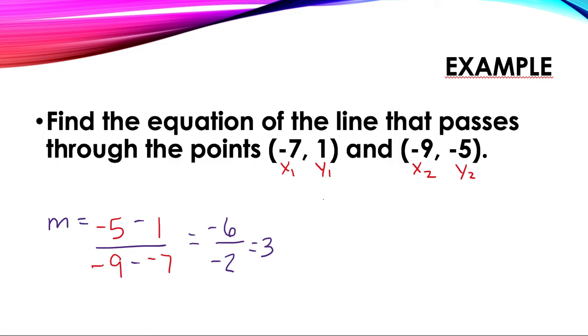So now I have the slope, and I have 2 points. Note that neither point is the y-intercept point because that y-intercept point would begin with 0. So I just have 2 regular points. I'm going to go ahead and use the (-7, 1), but you actually could use either point that you would like. It doesn't really matter.